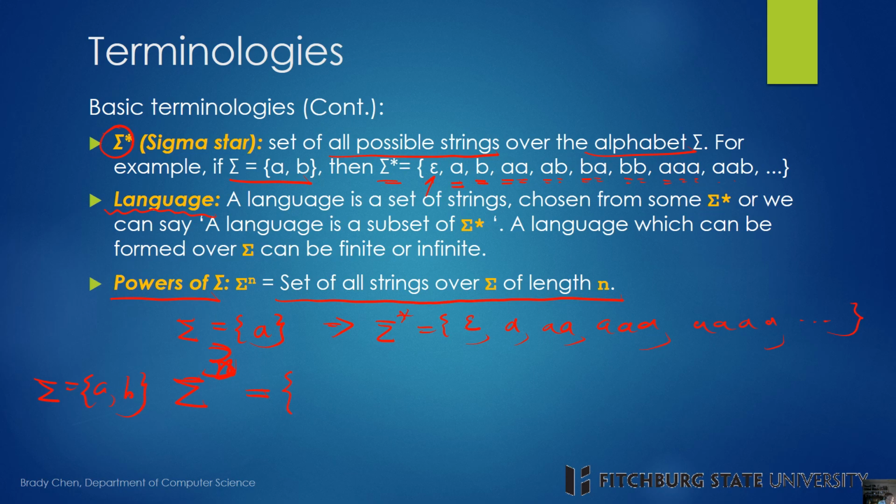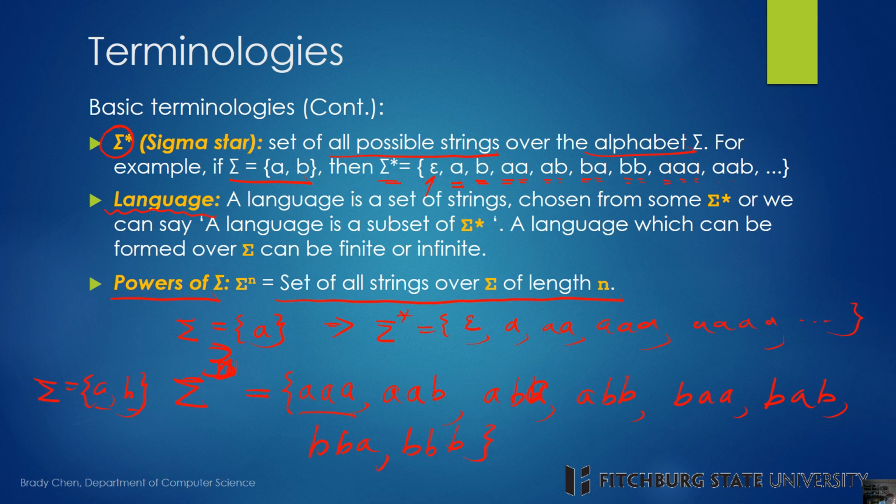So what is this? We have AAA, AAB, because you have two symbols, ABA, ABB, and then BAA, BAB, BBA, BBB.